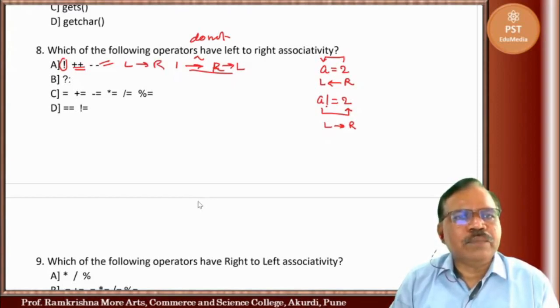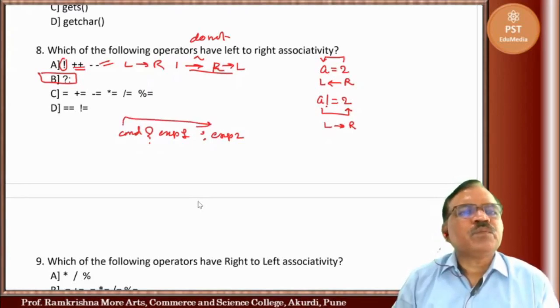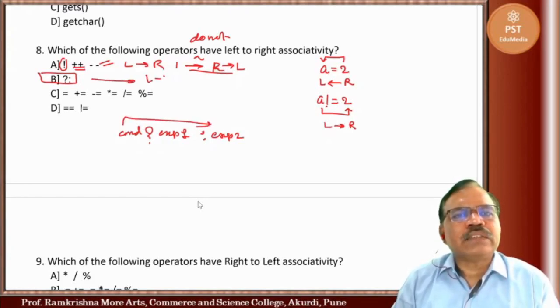Now if we take this one, the condition expression 1 colon expression 2, so it is left to right, so this has left to right, while this has right to left. This has left to right.